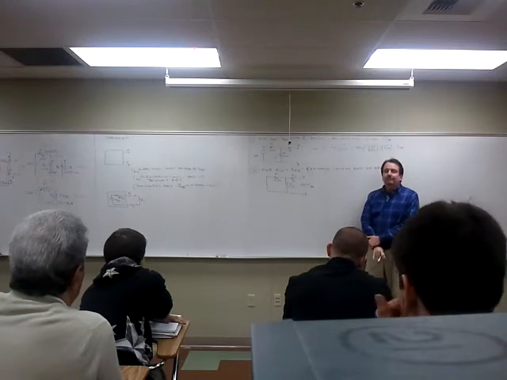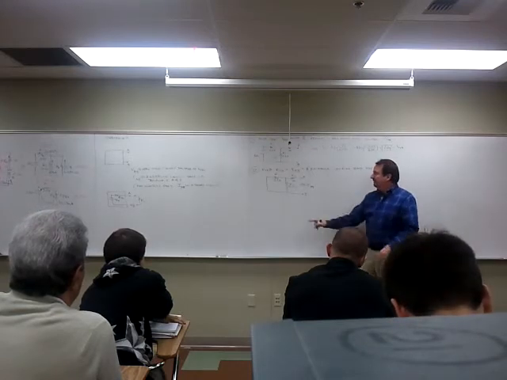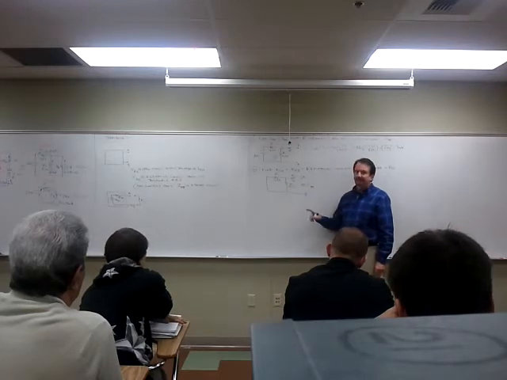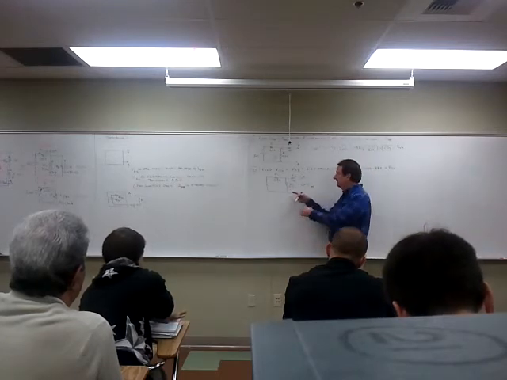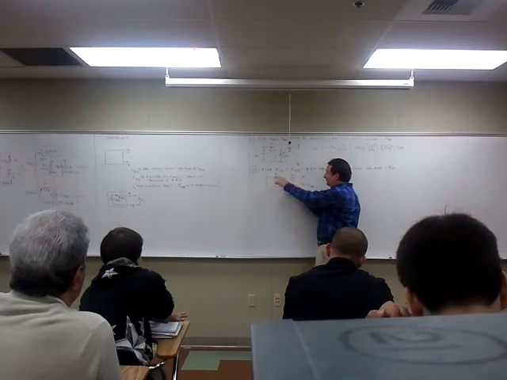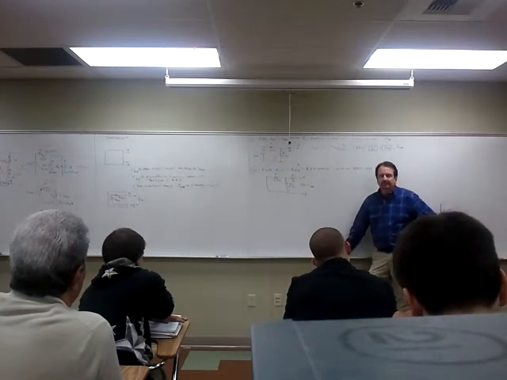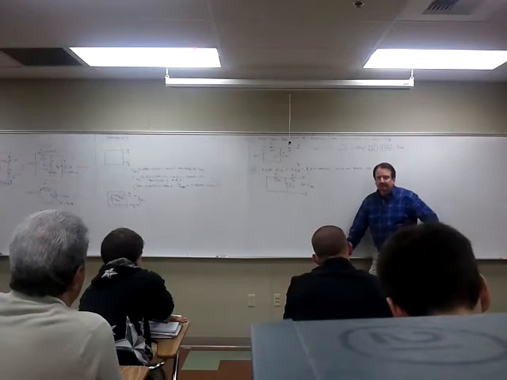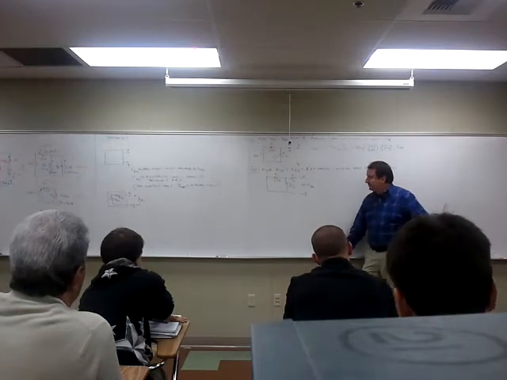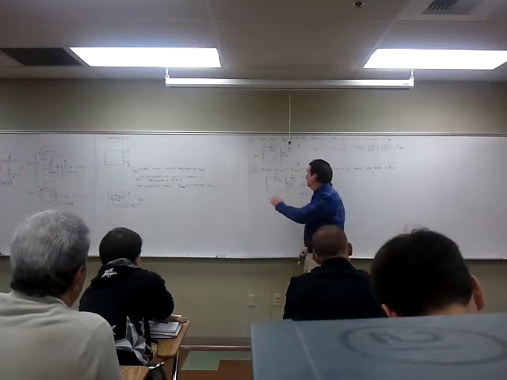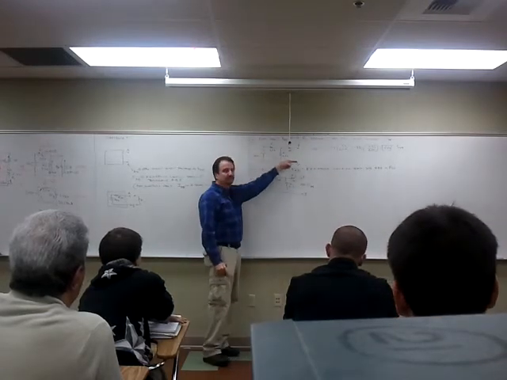So that would be R1 and R2 in parallel, getting an equivalent resistor, then you'd add R3, right? That's a different total. It's a total from the point of view of looking back into the circuit, not the point of view from this source.